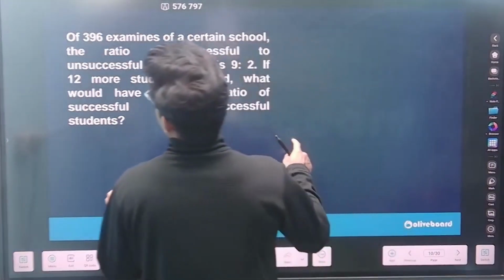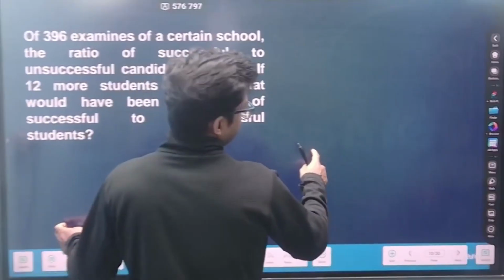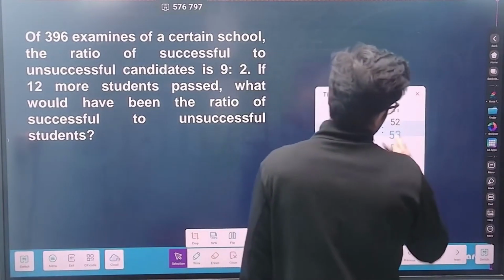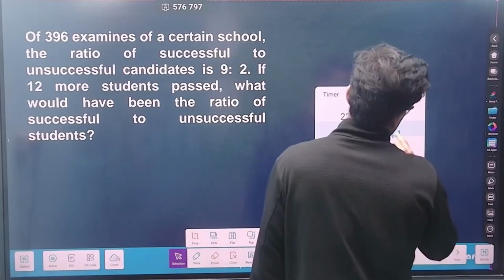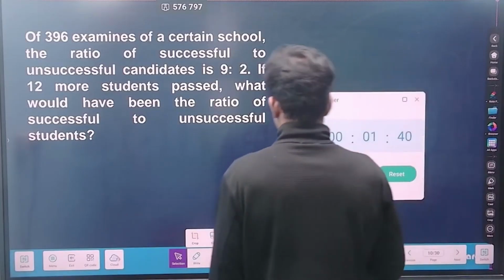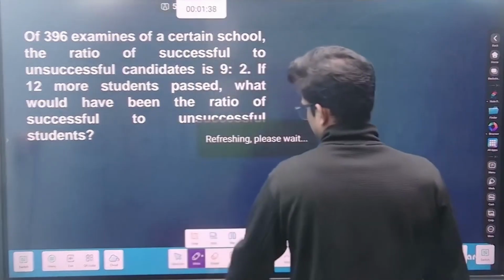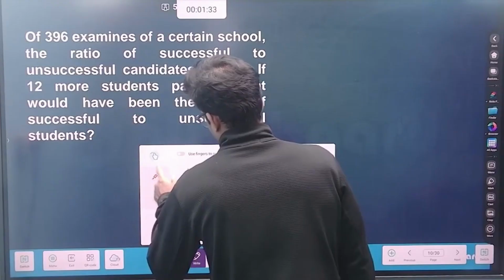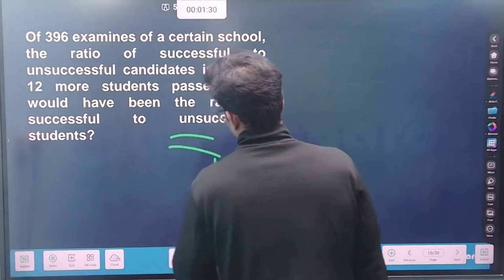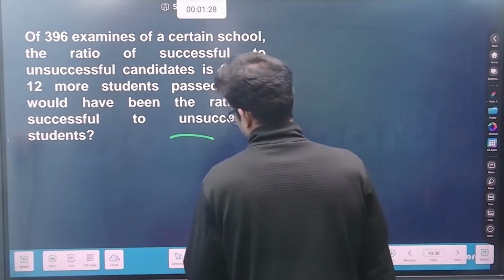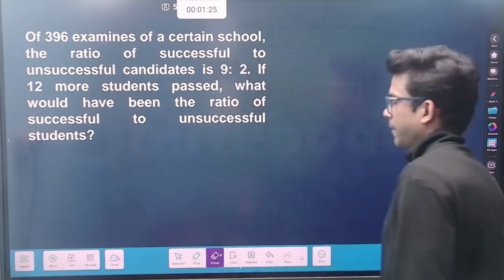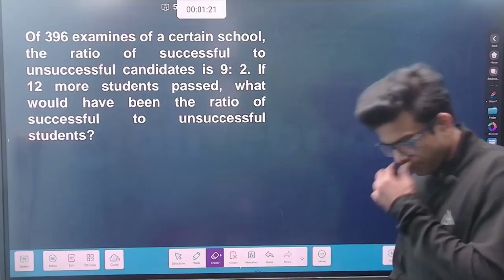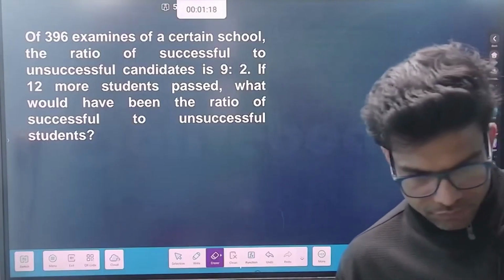Let's solve this. Again, a previous year question. Solve.